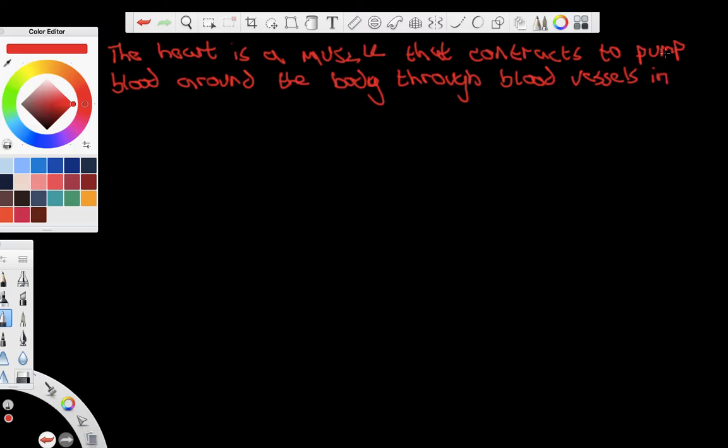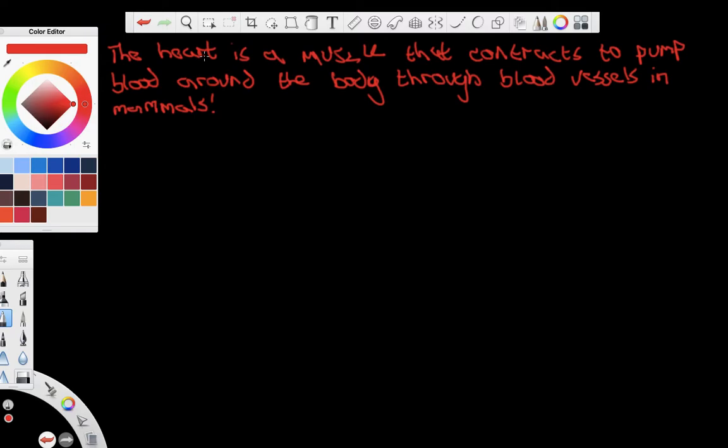Okay, so your heart is a muscle that contracts to pump blood around the body through blood vessels in mammals.